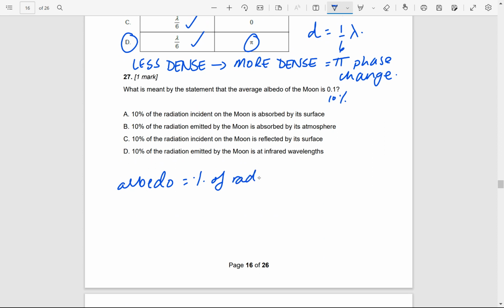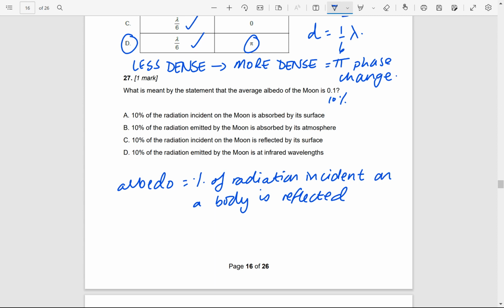It's saying the percentage of radiation incident on a body that is reflected by its surface.